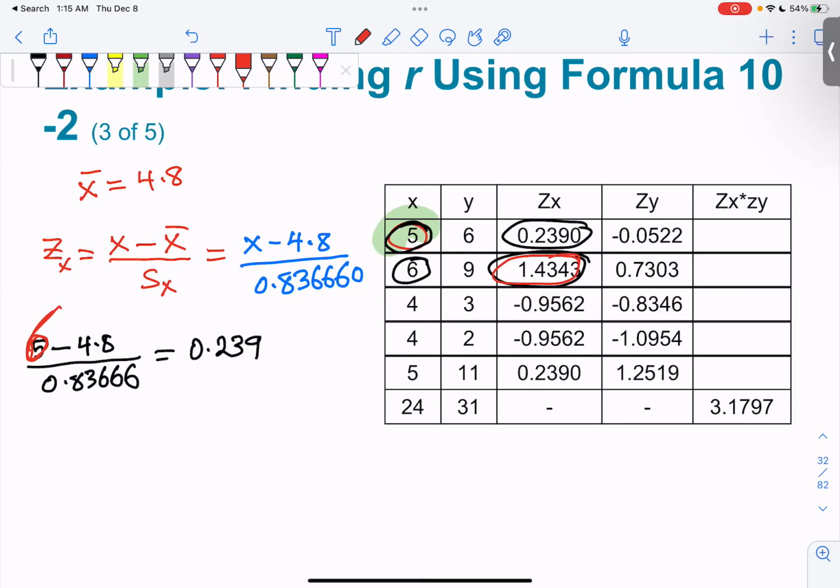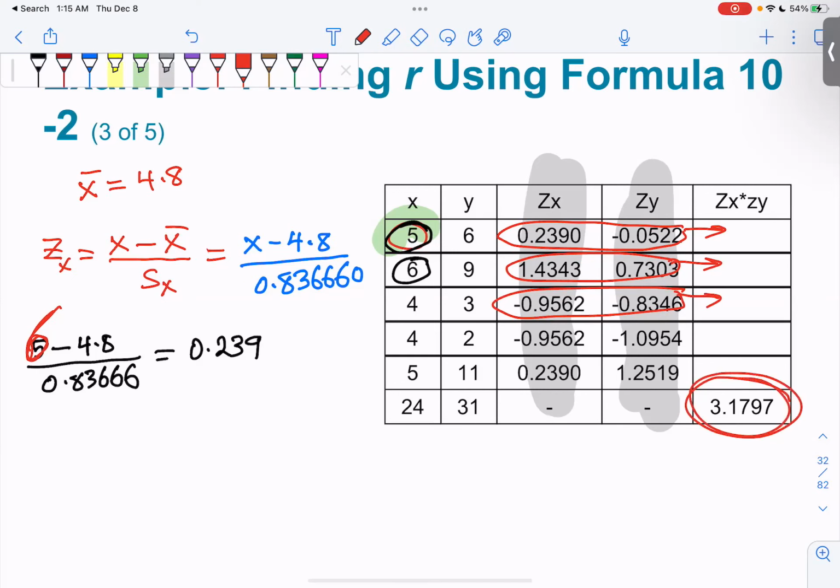If we find all those values for x and for y, and we multiply those values together, and we take the summation, we will find this value.